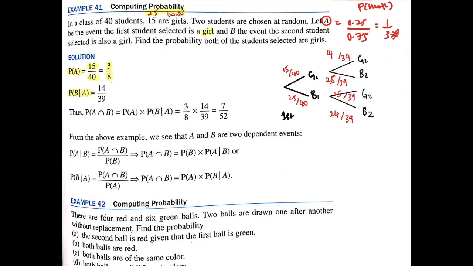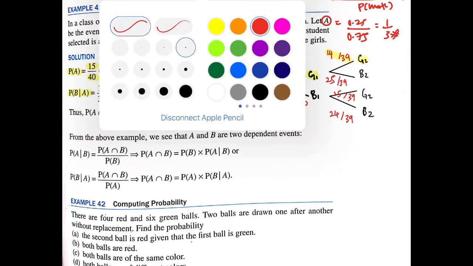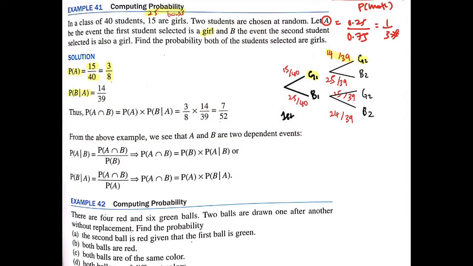You can see this clearer if I write here P(B given A), meaning that the second student chosen is a girl, given that the first chosen student is a girl. So it is 14 over 39. This is using another notation. This is event A, the first girl chosen. This is event B, the second chosen is also a girl.